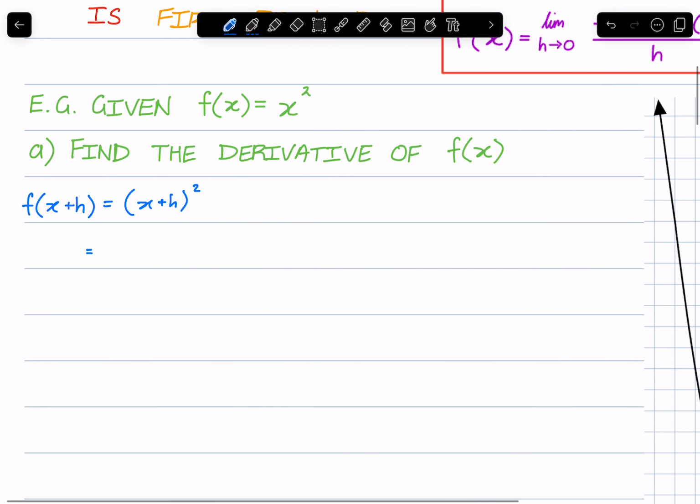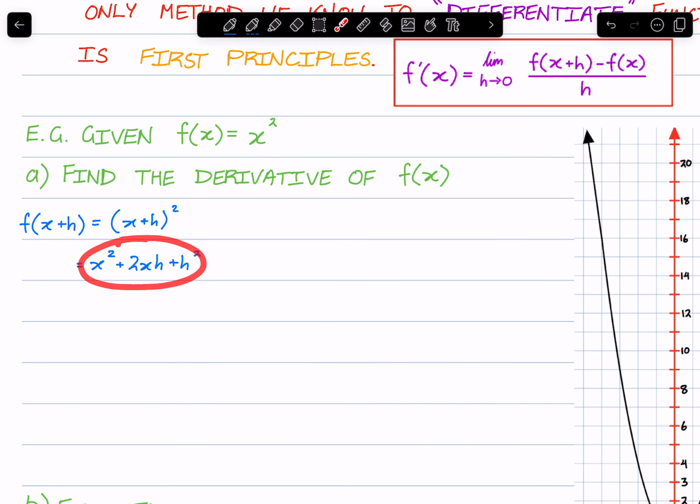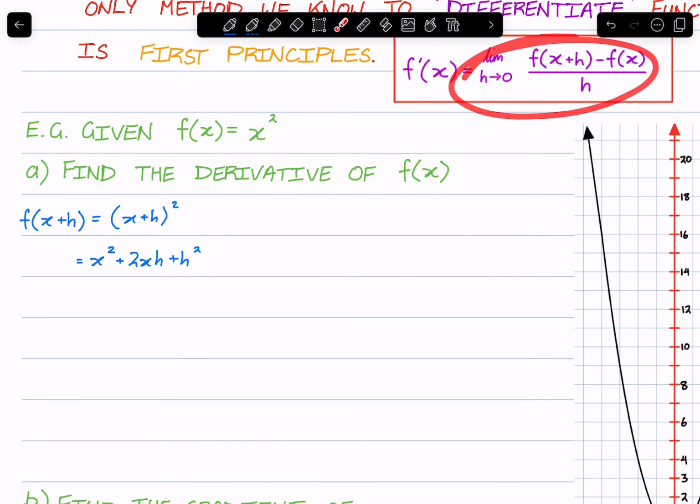We expand this: square the first, square the last, double the product.